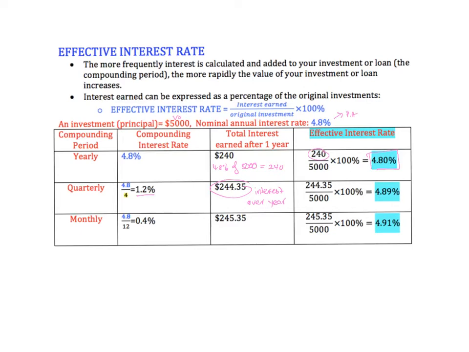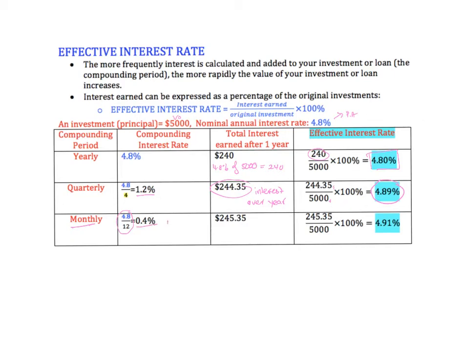If we work out its effective interest rate, we do the interest earned over the year divided by the original amount times 100, and you can see effectively what you actually got was 4.89% interest. So even though they've stated 4.8 as your per annum, effectively you made 4.89. If we go to do it monthly, that means we're going to divide the 4.8 by 12, and every month you're going to get 0.4% interest added.